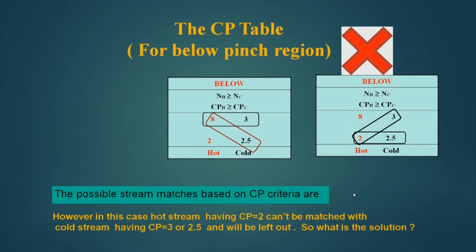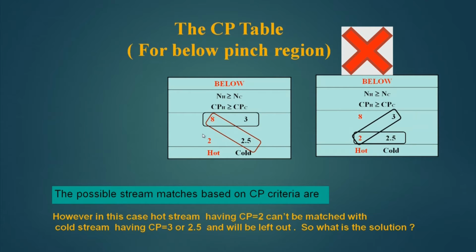Now, if it violates a condition, here we see that a hot stream has been left out. Here also a hot stream is left out. If I go for this matching, this is not possible. So, this matching is only possible, and a hot stream is left out in this matching.